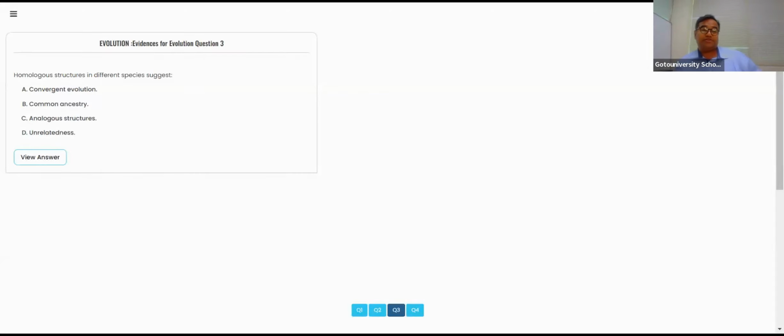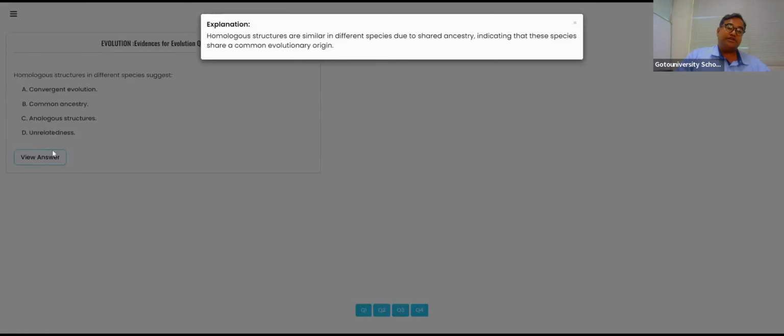Homologous structures in the different species suggest the different species. Convergent or analogy means obviously the homologous structures are similar in different species due to the shared ancestors, indicating that species have a common evolutionary origin.